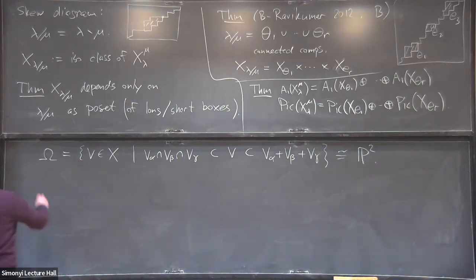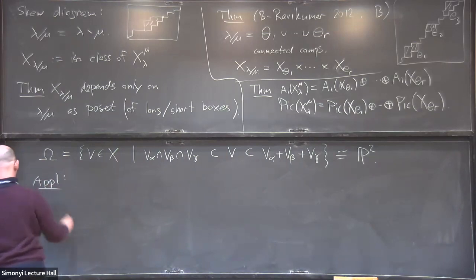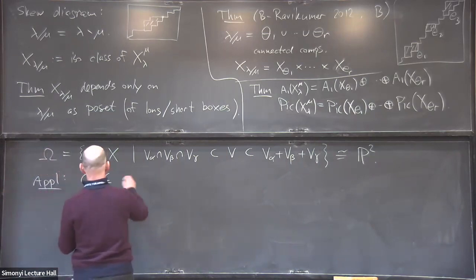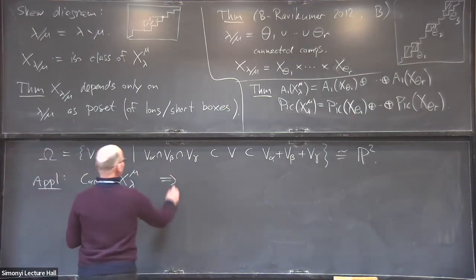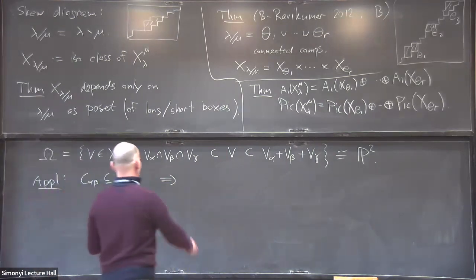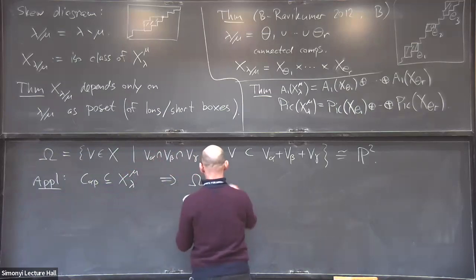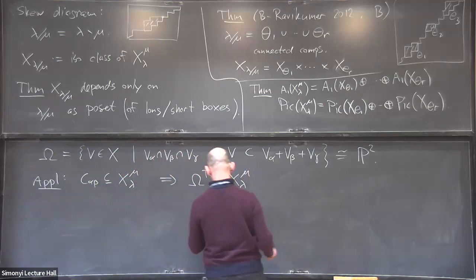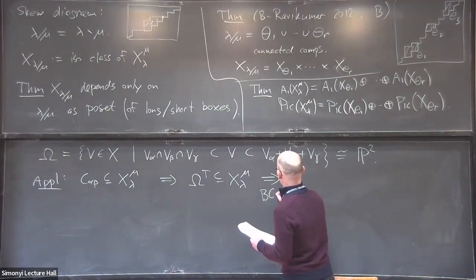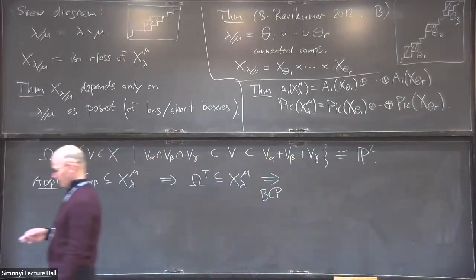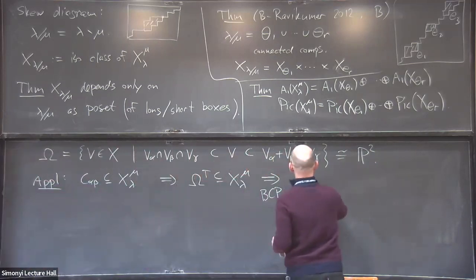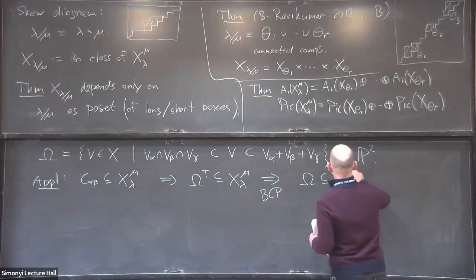So, an application of this. If I have a T-stable curve that's contained in my Richardson variety, then I take my surface omega from over there, and at least my points are contained in this Richardson variety, which implies, by a result I proved with Pierre-Emmanuel Chaput and Nicolas Perrin, that omega is contained in the Richardson variety.